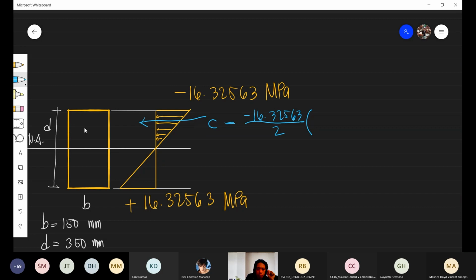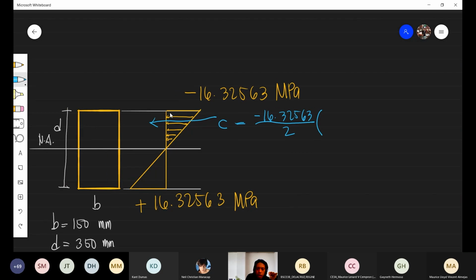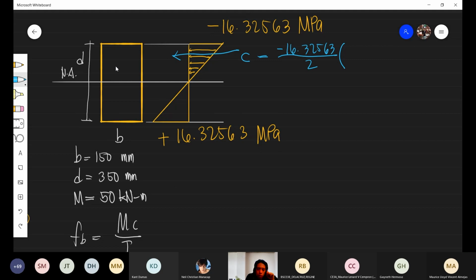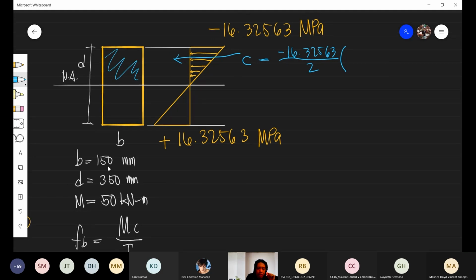Now the area. The area is where this uniformly varying load acts, with a magnitude of negative 16.32563 at the maximum and 0 at the minimum. That area is equal to 150 times half of the 250, which is 175, right?